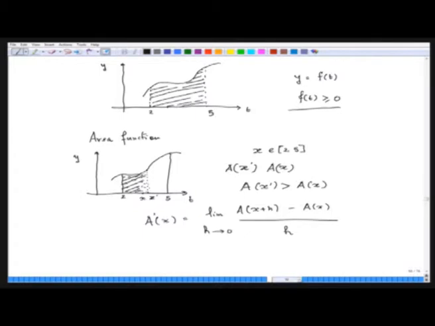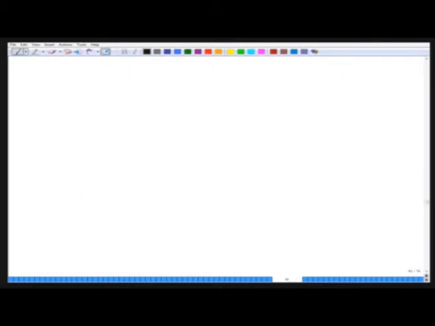Now, let me look at the picture. I want to know what is the area A of x plus h minus A of x. So, I have this function, I am just doing it with 2 to 5, but you need not bother much, you can say any alpha to beta.